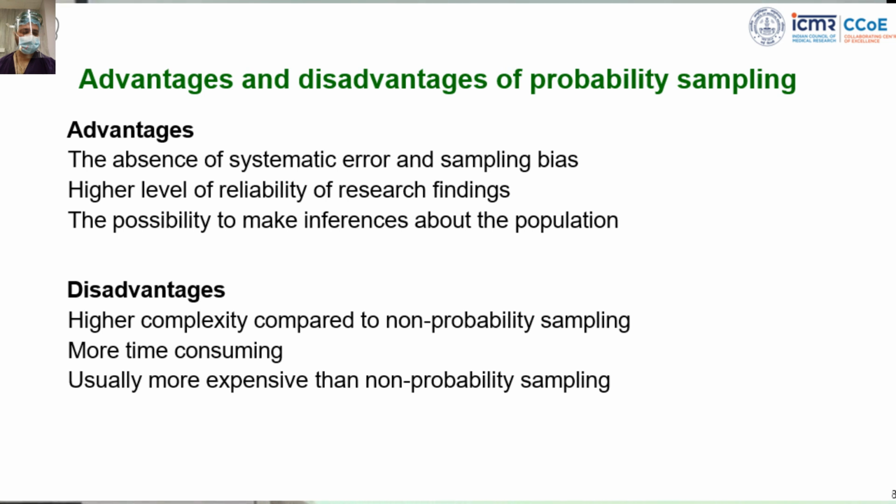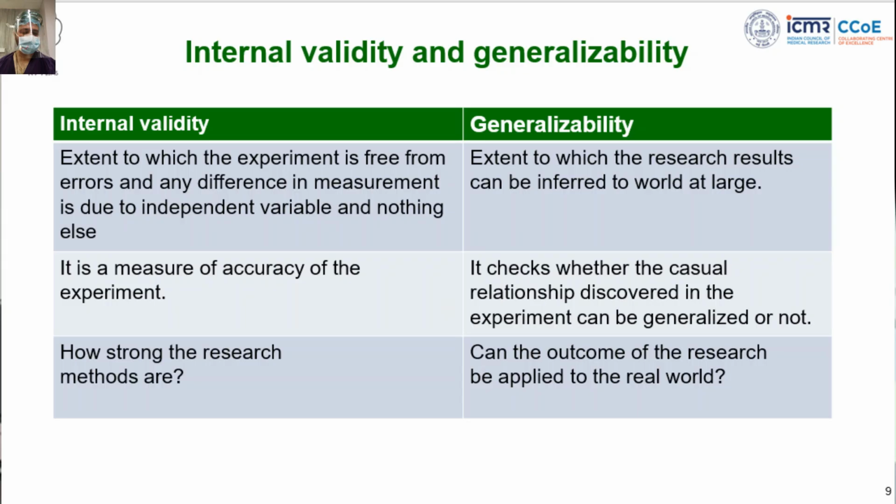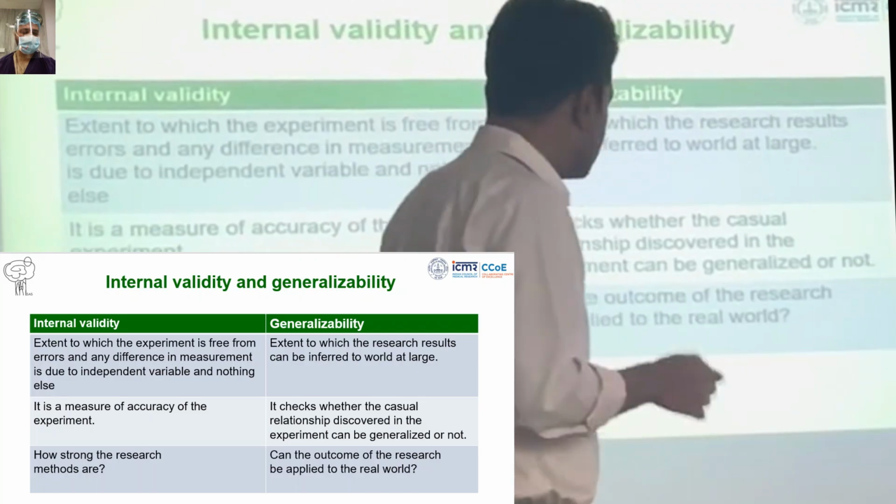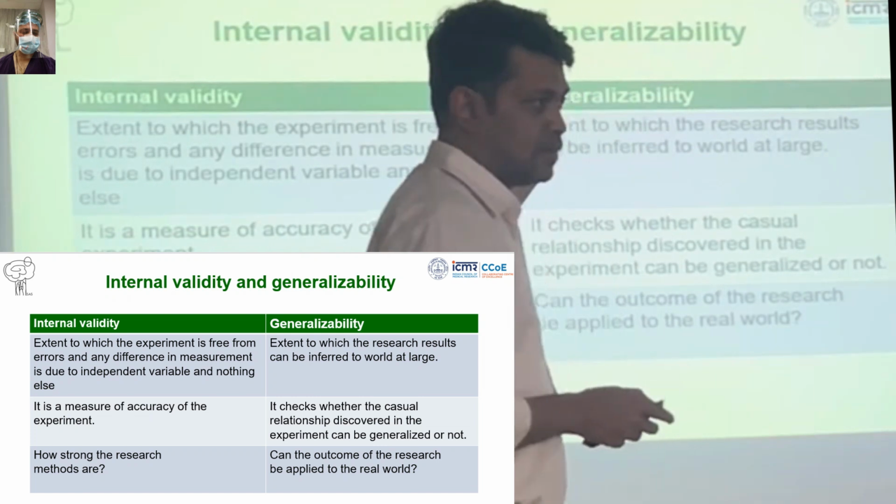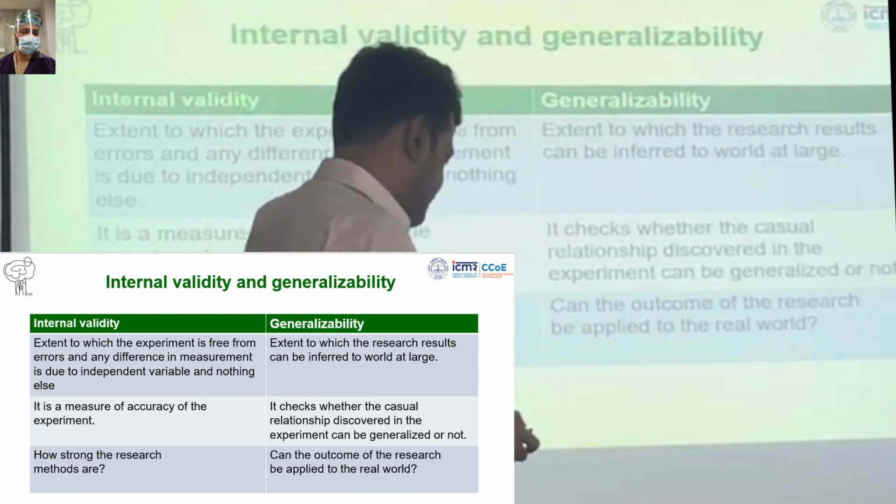Okay, there are some advantages and disadvantages. You all know this. This slide I just want to discuss with you. This is a very important and inherent point of any study: internal validity and generalizability, or external validity. I can tell you how important it is. Let me show you the BMJ paper that we published.